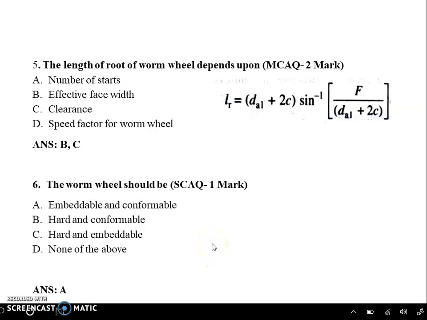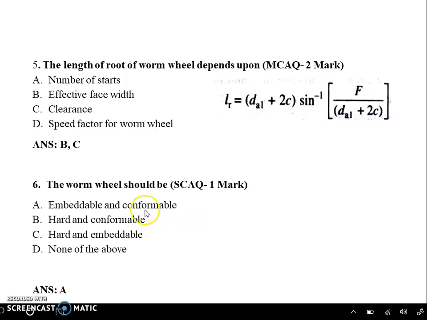This means that if any small particle is dipped inside any material, then this will absorb the small particle. And conformability means this will change the shape of that particular material. This material has the characteristic that it will change its shape according to force application or the shape of the meshing teeth.